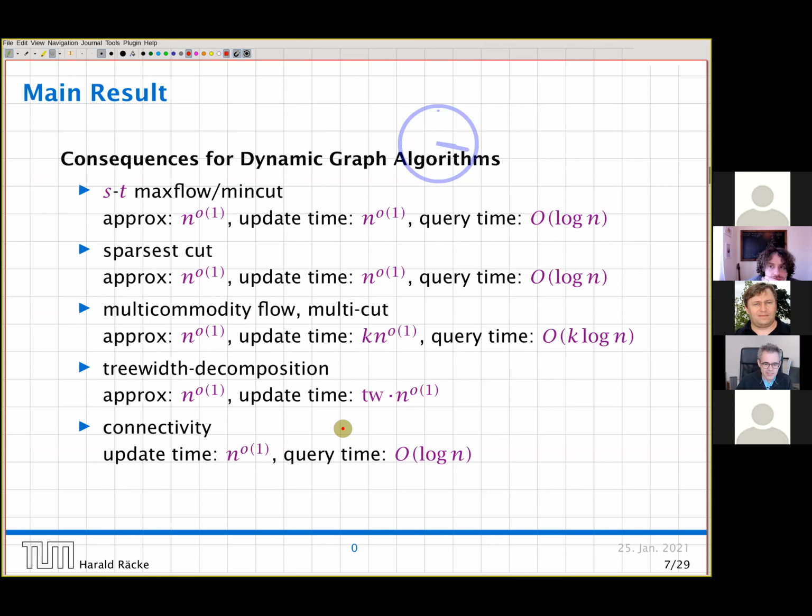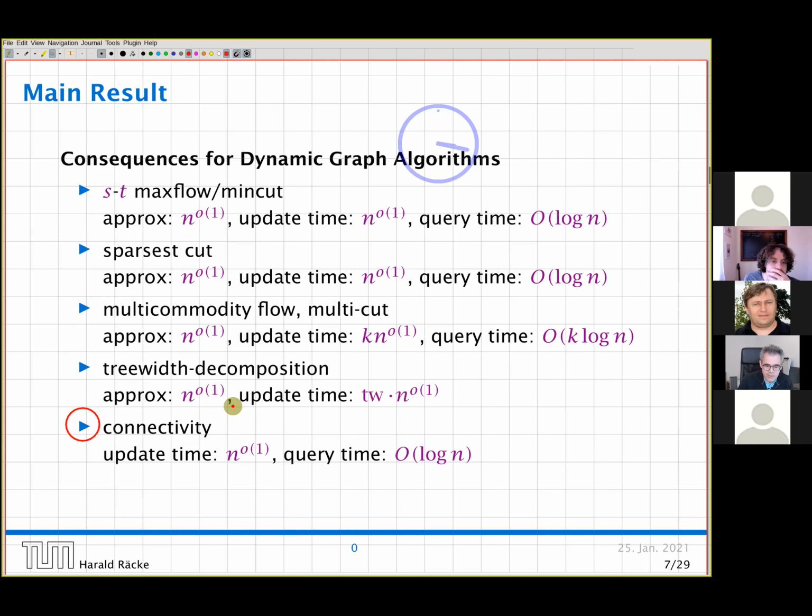And the applications are not very insightful. Sometimes they are trivial. This simply comes from the power of this tree cut sparsifier. For example, if you look at connectivity, you ask, are you connected?